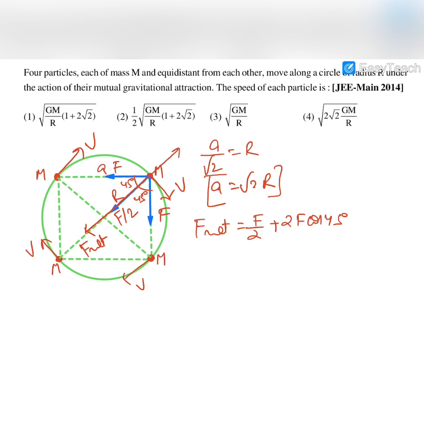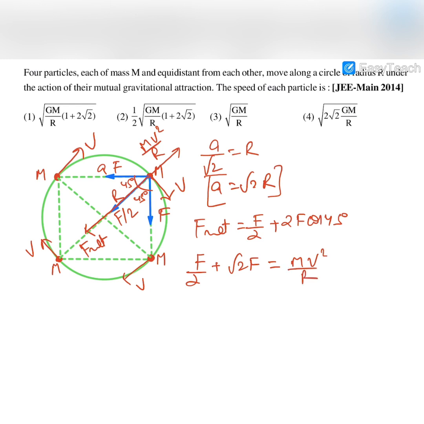And this is being balanced by the centrifugal force, which is m v square by r, where r is the radius. So F by 2 plus root 2 F is equal to m v square by r.